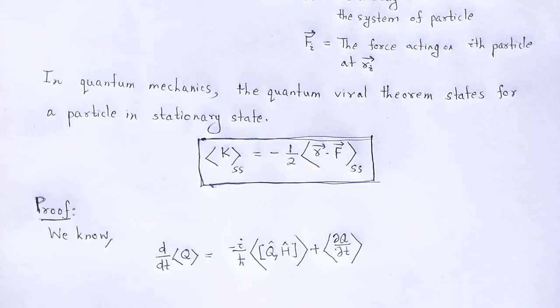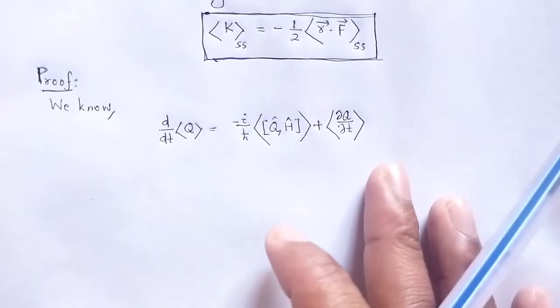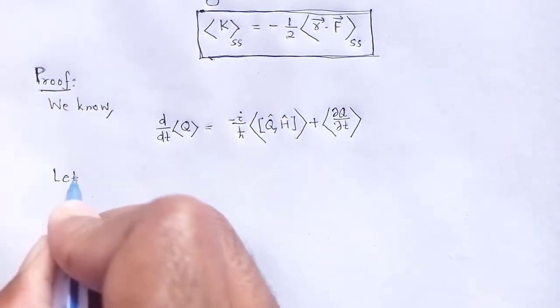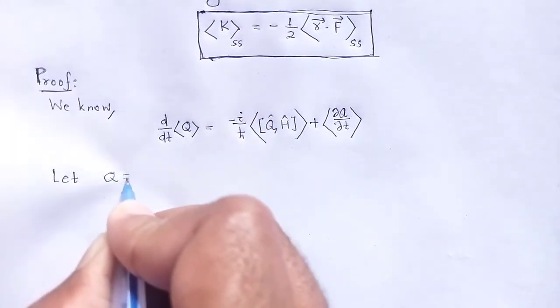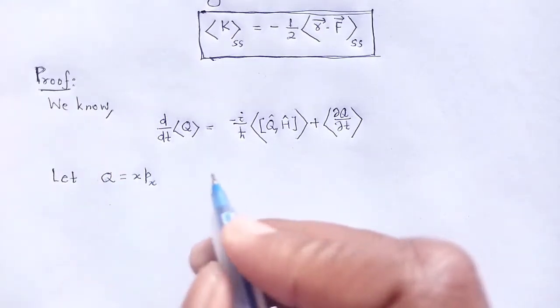To solve this type of equation, that is the quantum Virial theorem, we have to put x px in place of q. Let us substitute. Let q be equal to x px.